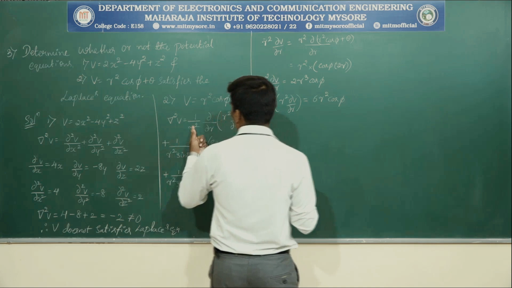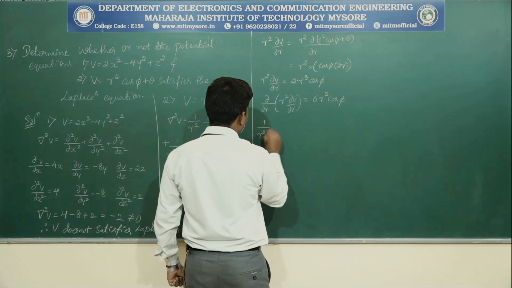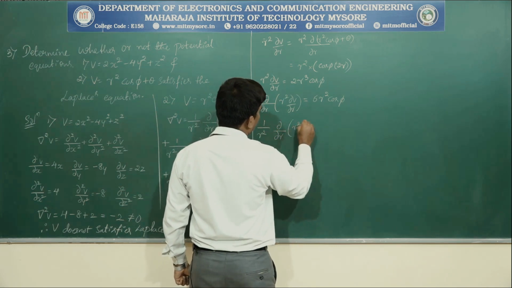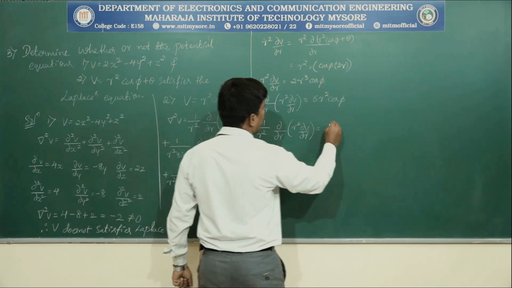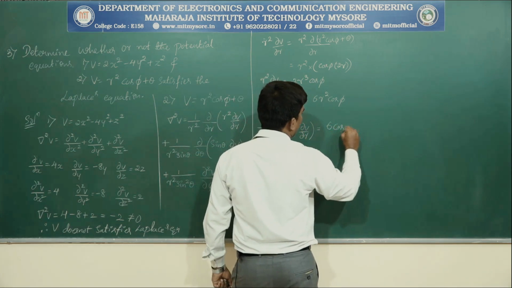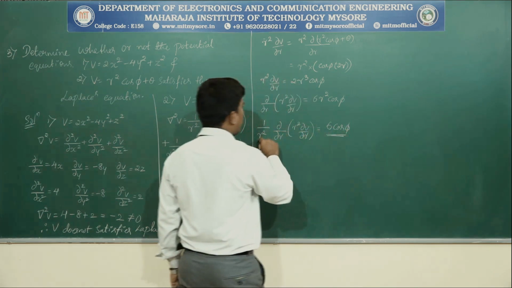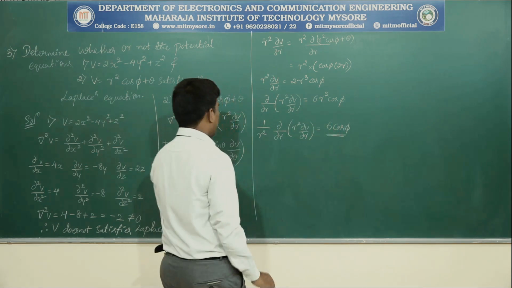This is the resultant. Then we need to multiply this by 1 by r². 1 by r² ∂/∂r of r² ∂V/∂r is equal to 6 cos φ. Because 1 by r² and r² get cancelled, we are left with 6 cos φ.